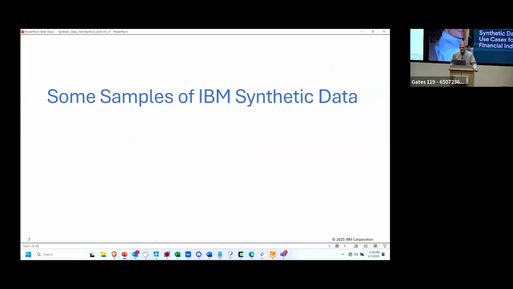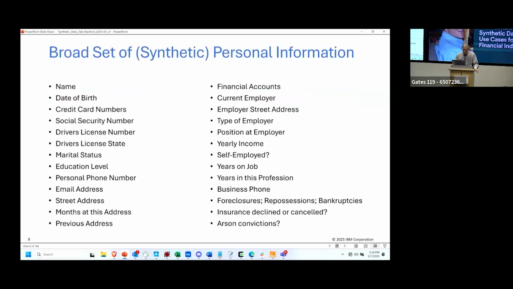So I've been talking about motivation and why we're doing this. Let me make this a little bit more concrete. Just in terms of the data we've got, I've hinted at a little bit of this, but there's a broad set from people's names, date of birth, social security number, all the stuff you see here.